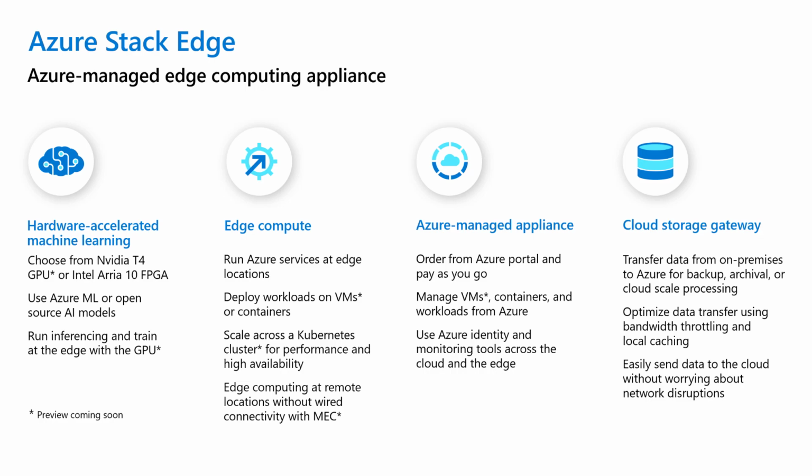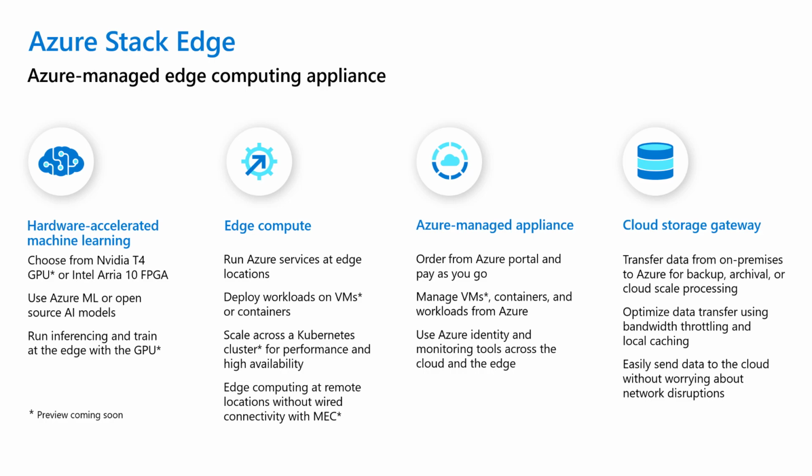It's a cloud managed appliance, which you order from the Azure portal, like I said. And all the VMs, containers, and workloads you deploy in Azure Stack Edge are managed in the Azure portal itself. You use the same hybrid cloud management ecosystem with Azure Stack Edge to manage it.